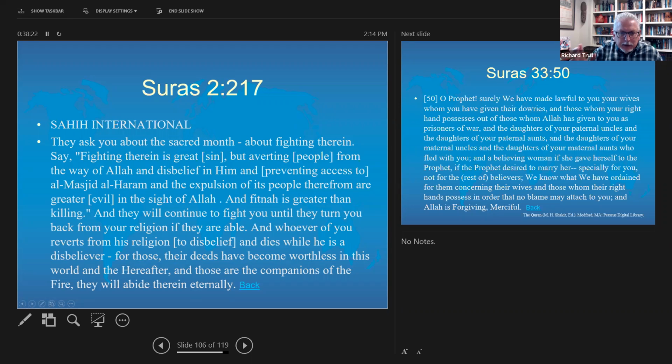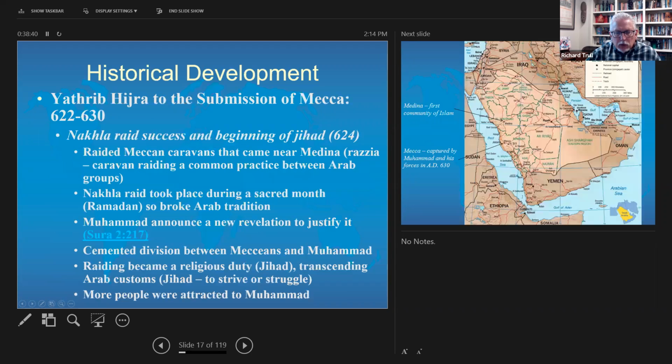So he's saying, yes, it's an evil to fight during that time, but it's a greater evil to keep people away from the sight of Allah. And so basically it's going to allow Muhammad to say that he is allowed to do that because it would be a greater evil to allow this other stuff to go on.